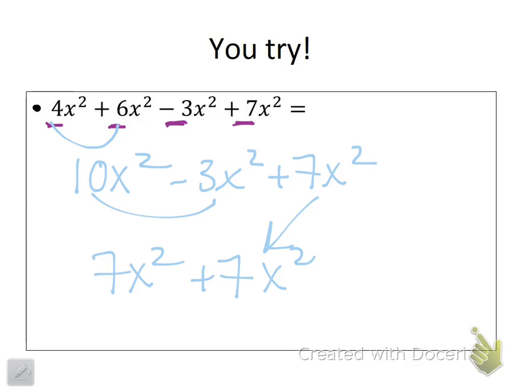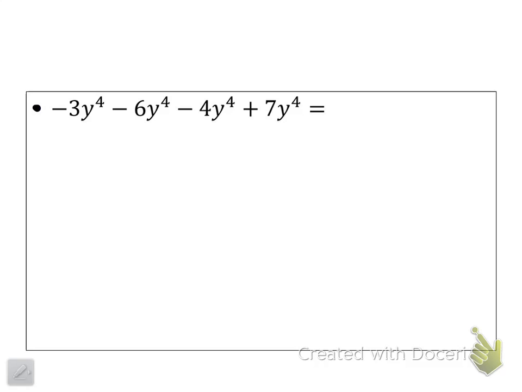We're going to bring down this. So then 7 plus 7 is going to give me a 14x squared. Okay, so since all of them are y to the 4th, we can bring these together. So negative 3 minus 6 is negative 9y to the 4th.